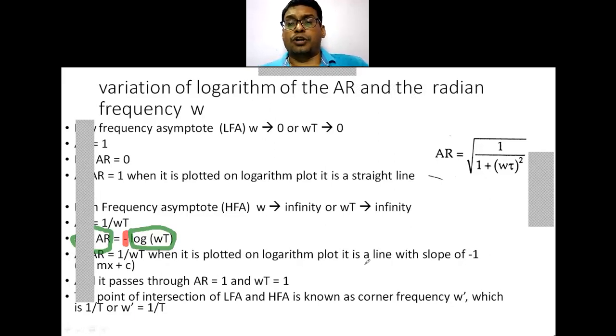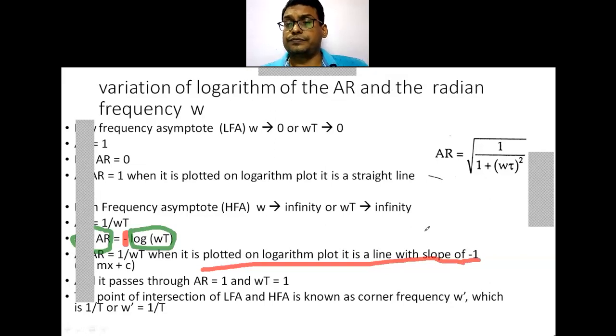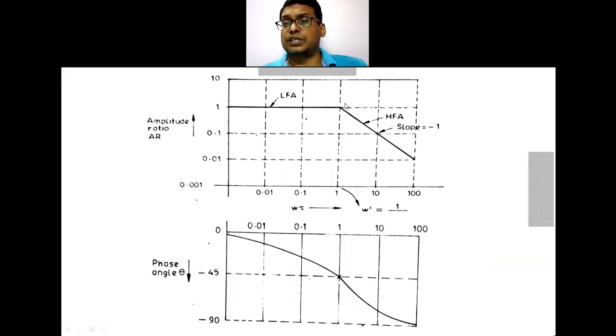When it is plotted on the logarithmic plot, the line has a slope of -1.